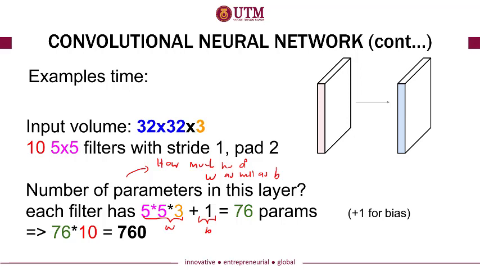Then one filter has 76 parameters, and since we have 10 filters, you must multiply this 76 by 10, then you get 760 parameters.